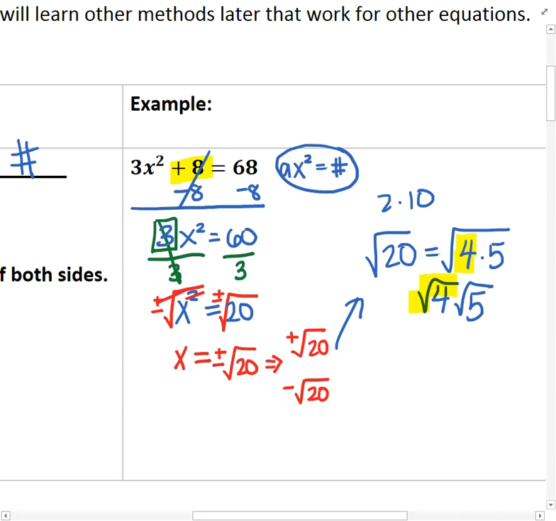So when I take the square root of 4, it comes out as a regular number, which is 2. 5 is not a perfect square, so we leave it inside. All right, now remember that there's a plus or minus in front of it, and the plus or minus goes in front of the 2. All right, if you put the plus or minus after the 2, that means something completely different.